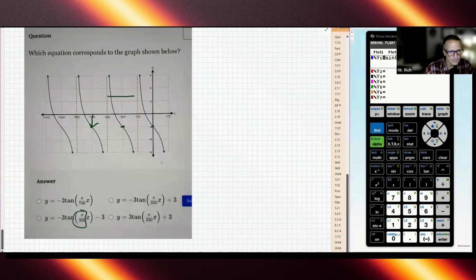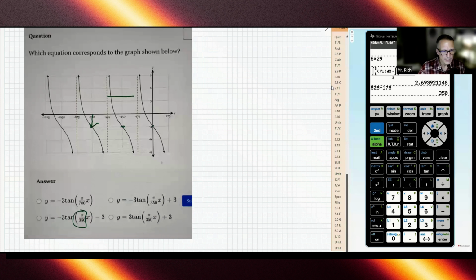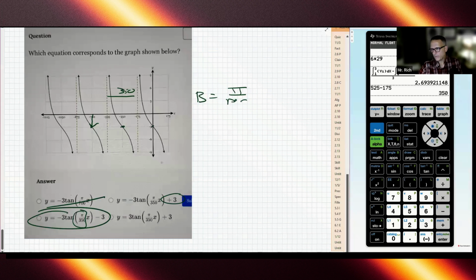From negative 525 to 175, let's measure that distance. I've made so many mistakes here with mental math. Okay, so it's 350. If the period is 350, then your B coefficient is going to be pi over the period, so pi over 350. So definitely can't be that one, and it's definitely not moved up by 3. So yeah, there you go. I would go with that one there, Reagan.